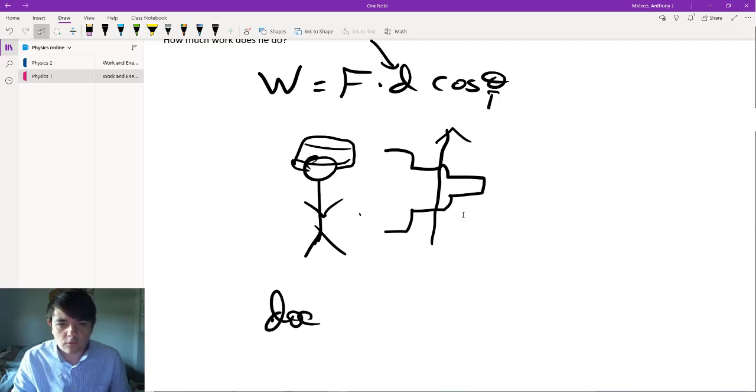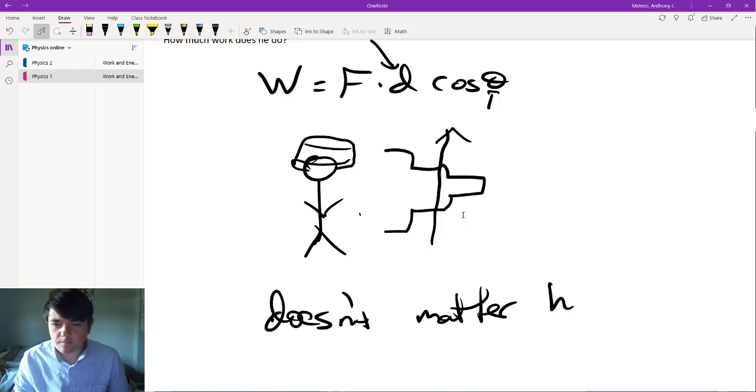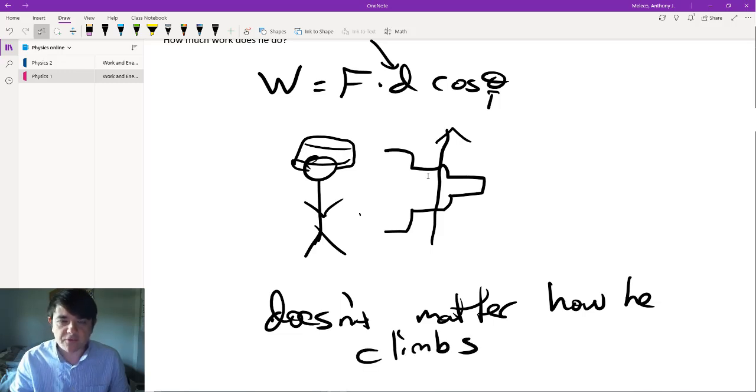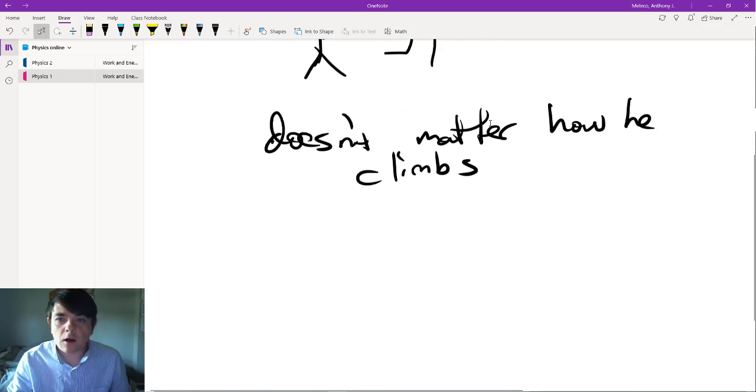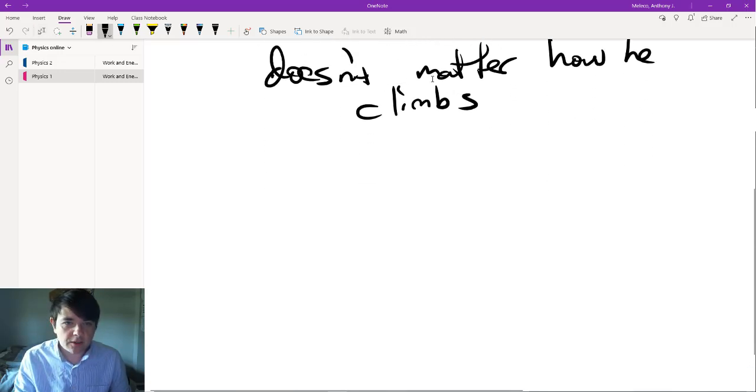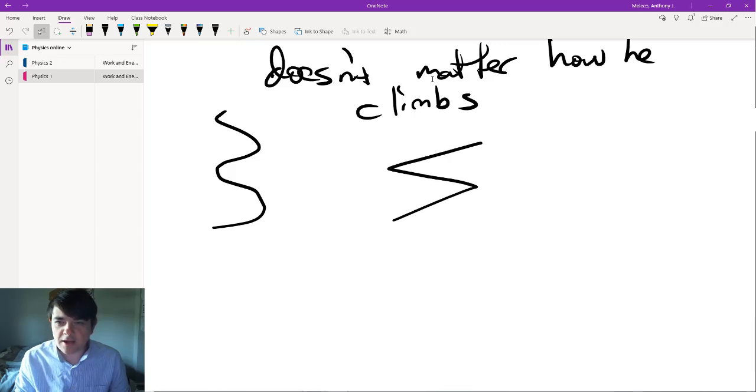So for the net work done, it doesn't matter how he climbs. It can be this path, it can be this path, or it could just be straight up. It doesn't really matter.